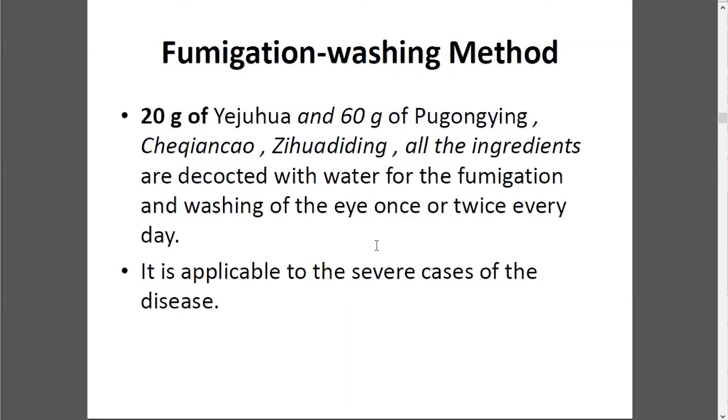So that's what we talked about for decoctions. Decoctions means cooking the herbs and drinking them. Then we still have some ways of external use: fumigation and washing. Basically we cook some herbs first. So 野菊花.